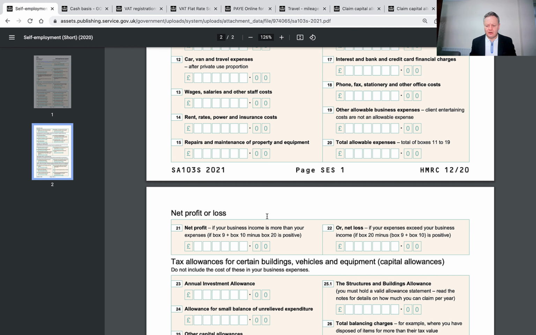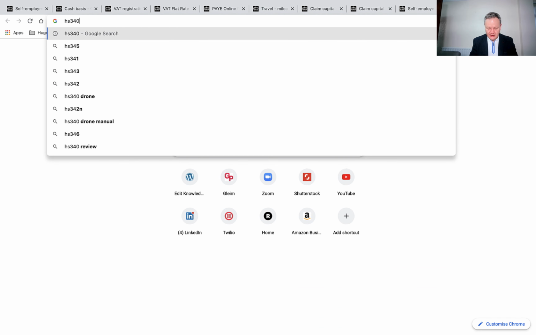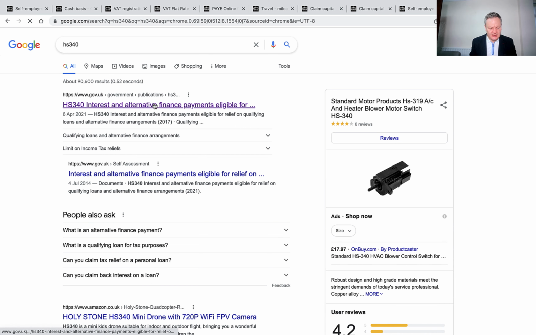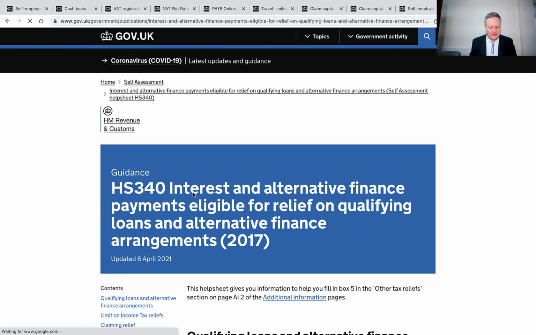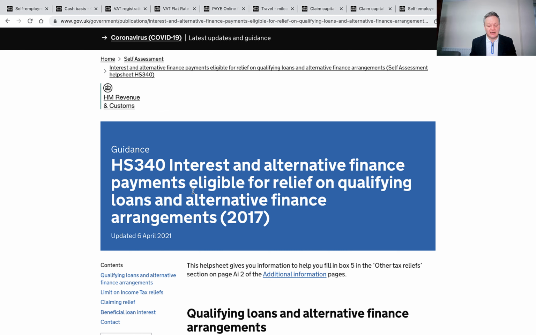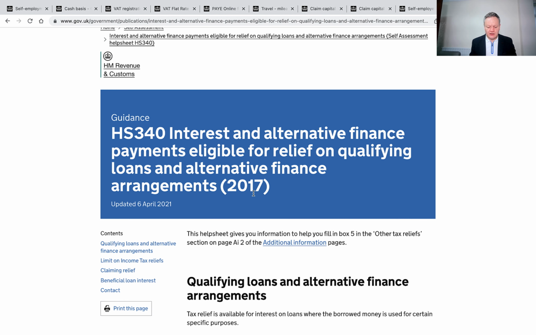There is something called HS340, which I'm just going to show you now just to get you to understand this. This is the interest and alternative finance payments eligible for relief. So what I do see a lot of people doing is that they would refinance their home and use the proceeds of that remortgage of their home against their business, but then they don't charge the business the interest.